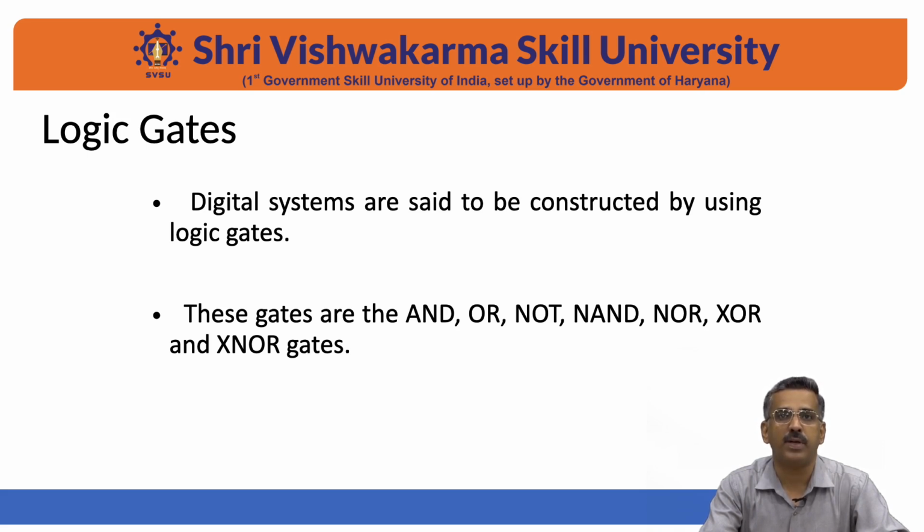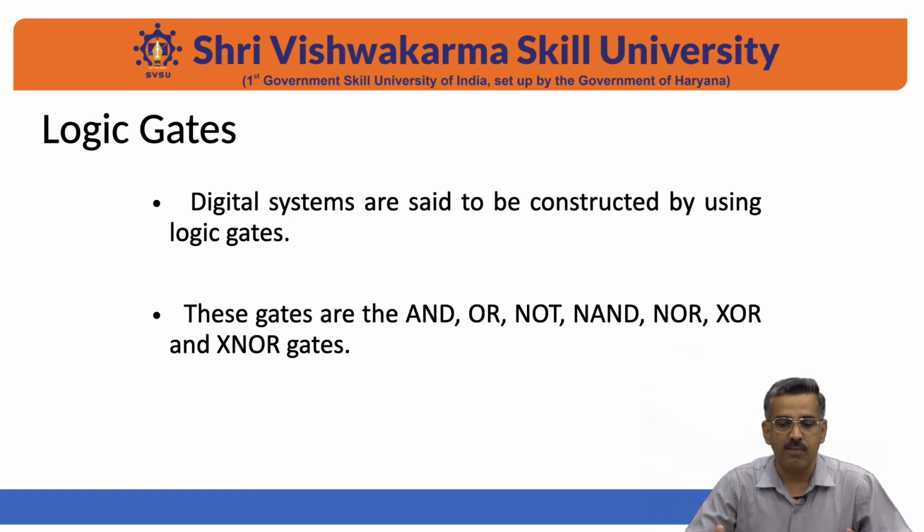This kind of representation of discrete signals is normally used in the design of digital circuits, particularly in digital electronics. The 0 means the voltage is very low, near 0.9 volt, and 1 represents the voltage toward the higher side, that is plus 5 volt.